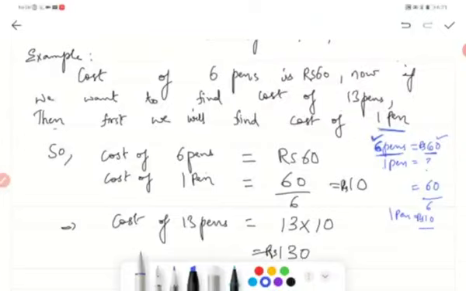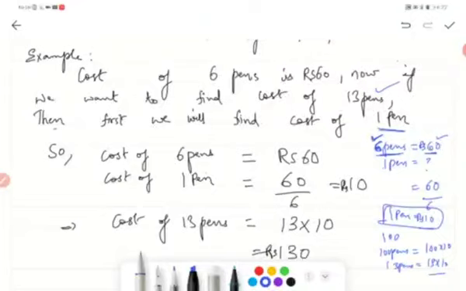If I want to find the cost of 100 pens, 1 pen is 10 rupees, so 100 pens will be 100 into 10. If I want to find the cost of 13 pens, 13 pens will be 13 into 10.